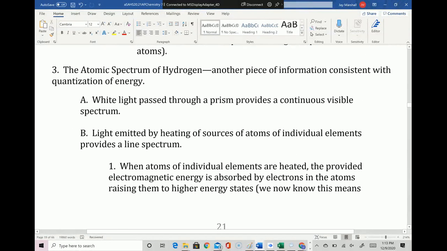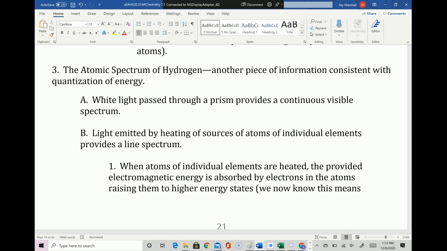Now, once we started to think about this and understand that the energy inside of atoms had to be quantized, how did that help us figure out what the structure of the atom is? Okay, we figured out these things had to be quantized, but we still didn't even know really that much about electrons.